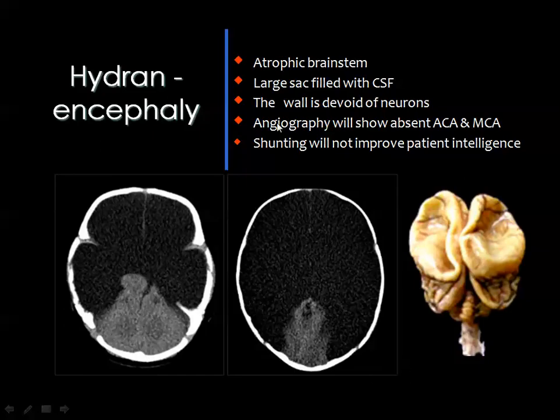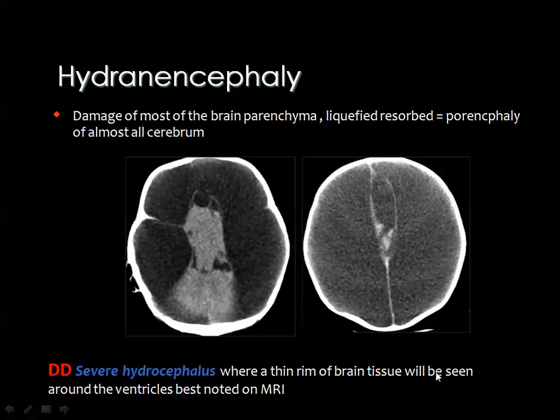Also, there are major abnormalities in the circle of Willis with absence of the anterior cerebral and the middle cerebral artery. And this is the hydranencephaly, where the brain is replaced by a huge cavity filled with CSF.